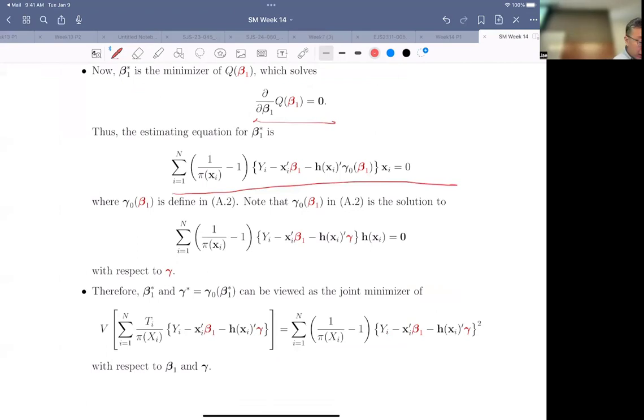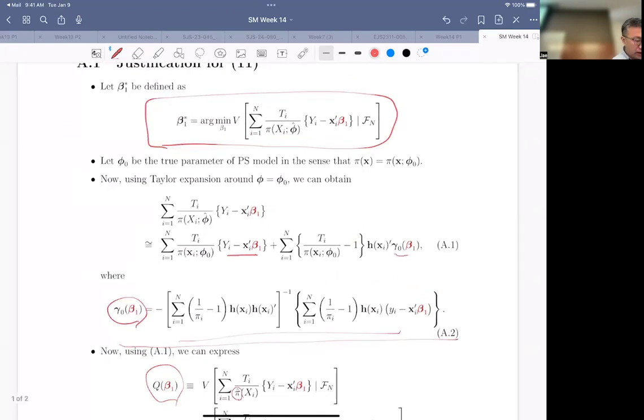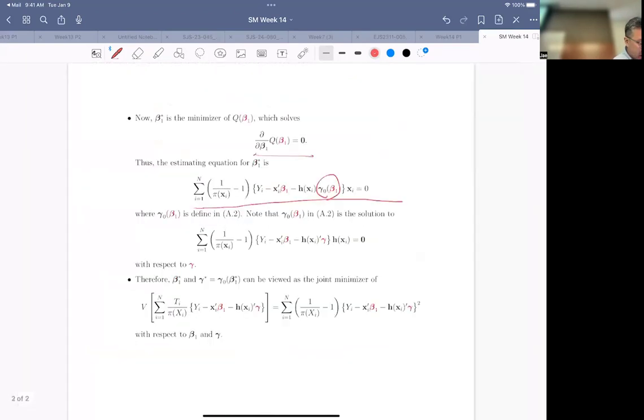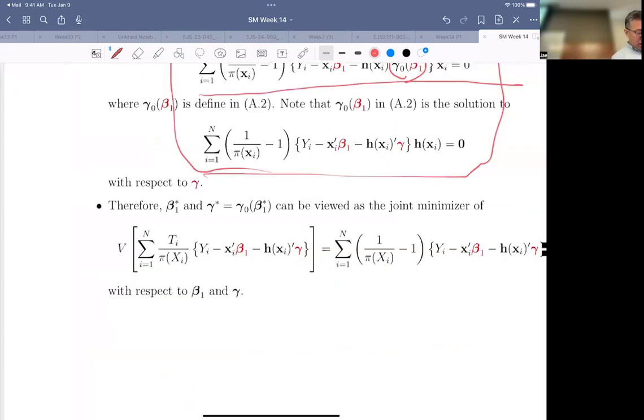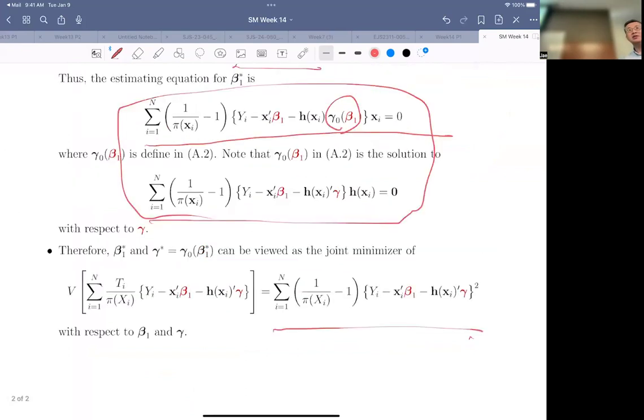Because of the definition of gamma zero here, we are lucky in the sense that these two equations, this is actually a normal equation. This normal equation turns out to be the same as solving a joint minimization. So that's basically the idea.